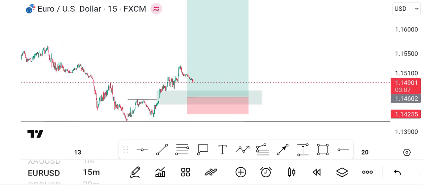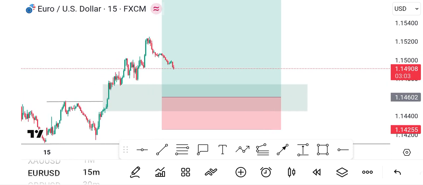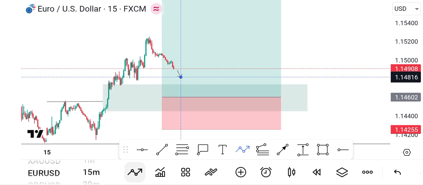And so let me do a sketch to show you guys how it should look when we get to this zone for price execution.